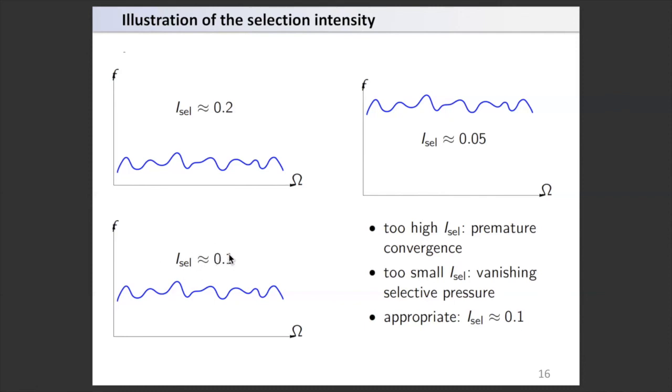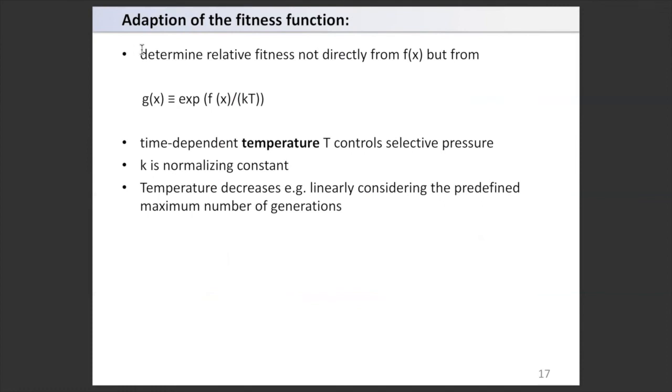It is 0.1. In another way, for the adaptation of the fitness function, determine the relative fitness not directly from the fitness values of the individuals, but from a function g(x), which is the exponential of the fitness value of the individual divided by a constant k multiplied by T. T is the time-dependent temperature.